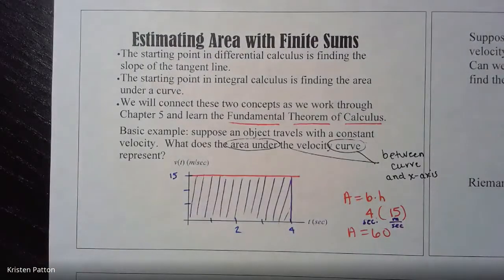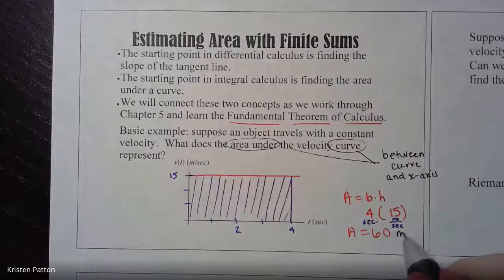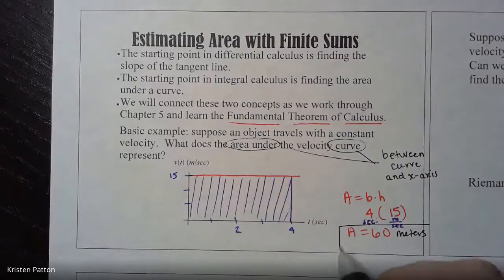So when I multiply those quantities together, what units do I end up with? And this is an open question for anyone. What are the units for my answer? Meters. Perfect, thank you. 60 meters, right?